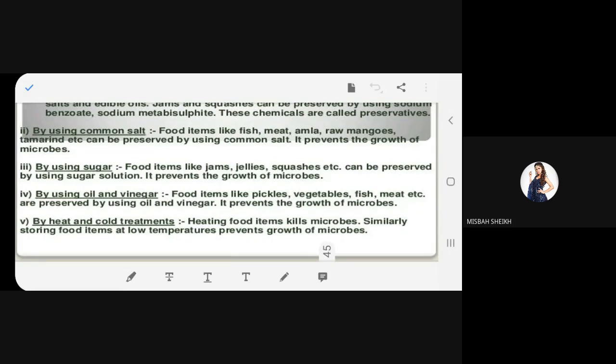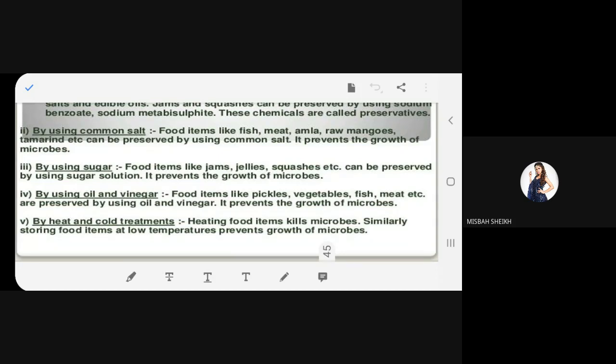Now, you must have observed when mama is making fish or meat that she puts haldi and oil and salt and marinates it. Yes or no? So why is she doing it? So that it does not go bad. Then you have raw mangoes, which are used to make pickles. Salt has been added to it.